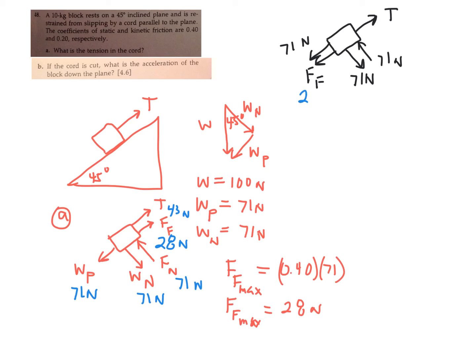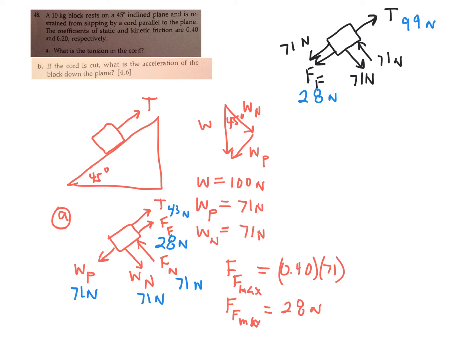So now we'd have a sum of about 99 newtons down the ramp. If I'm pulling with 99 newtons of force up the ramp, friction can still match that. We're at the tipping point, the break-even point, because there are two forces pulling down the ramp, 71 and 28.